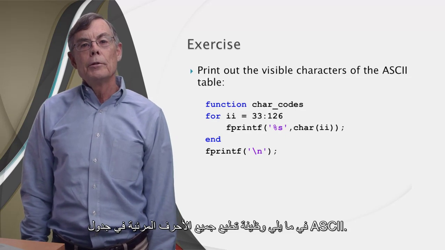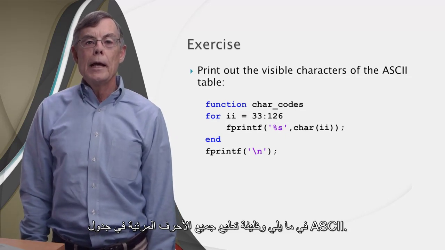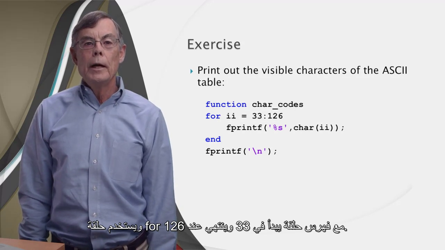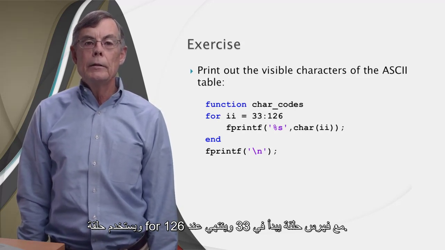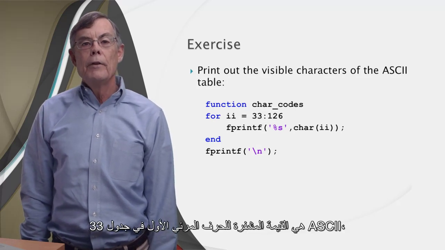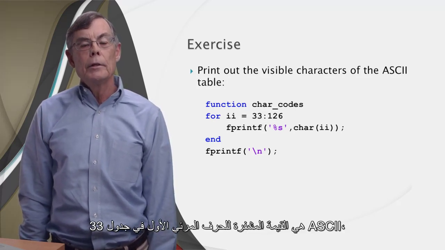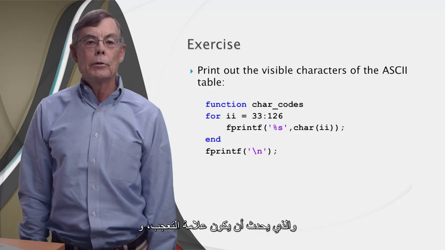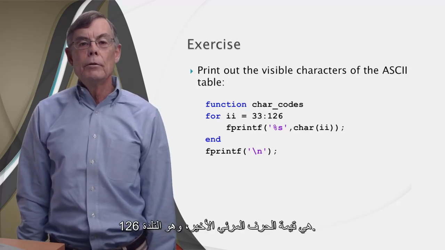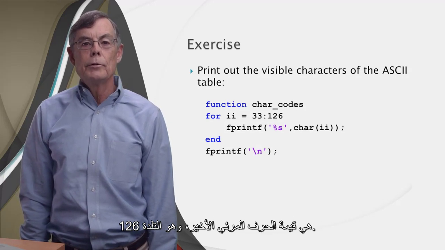Here's a function that prints out all the visible characters in the ASCII table. It uses a for loop with a loop index that starts at 33 and ends at 126. 33 is the encoded value of the first visible character in the ASCII table, which happens to be the exclamation mark, and 126 is the value of the last visible character, which is the tilde.